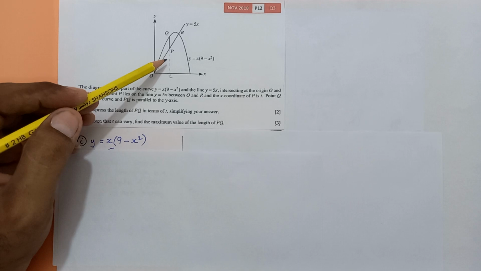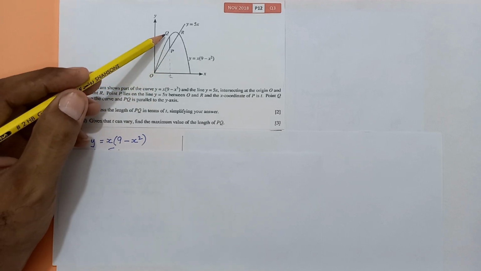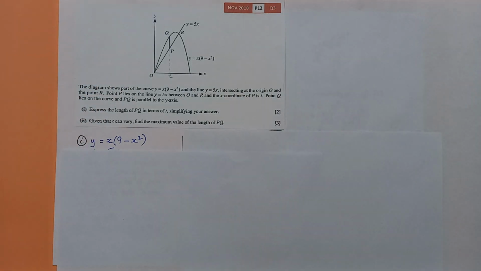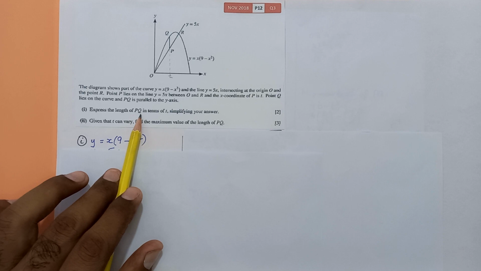That means t is the x coordinate of P as well as the x coordinate of Q.